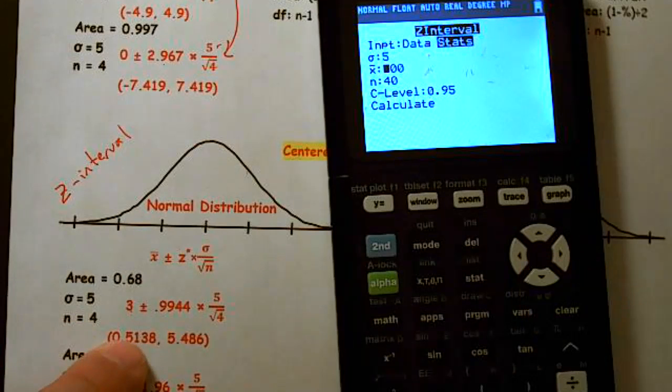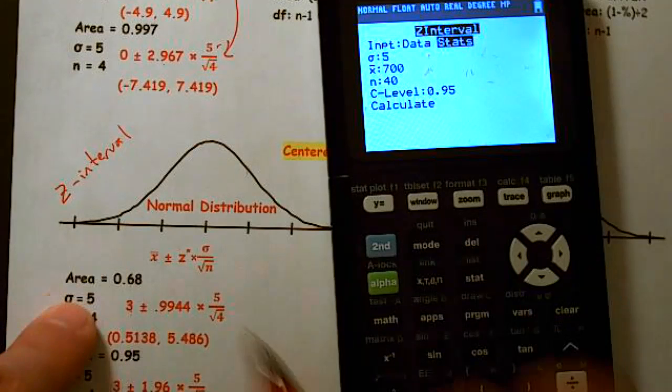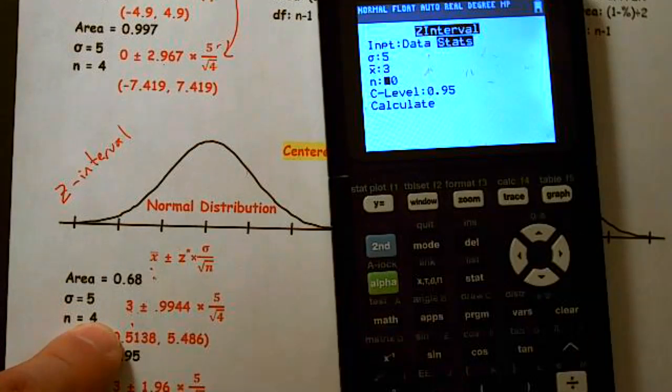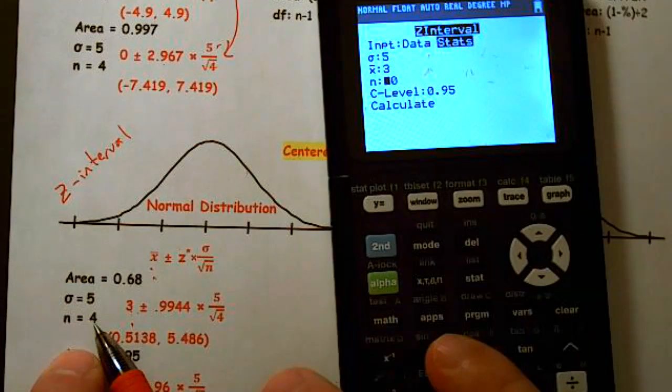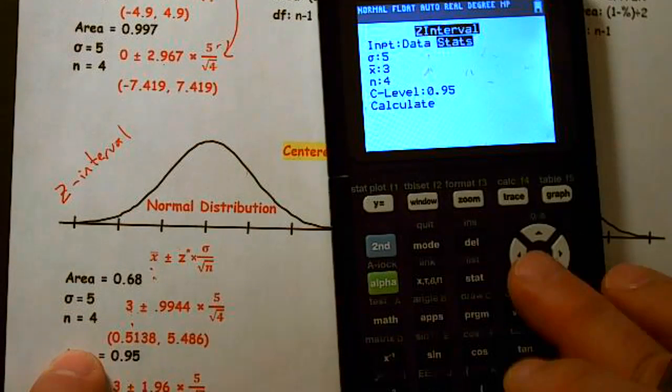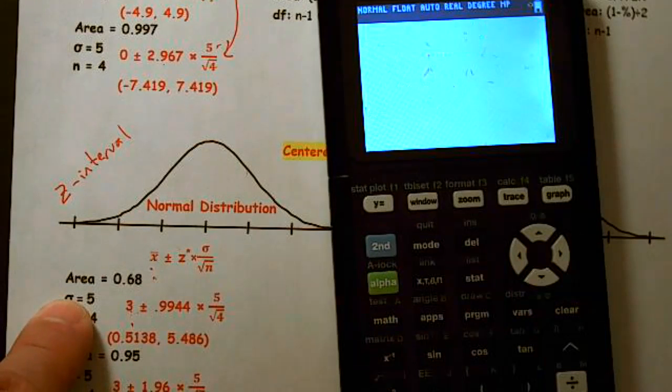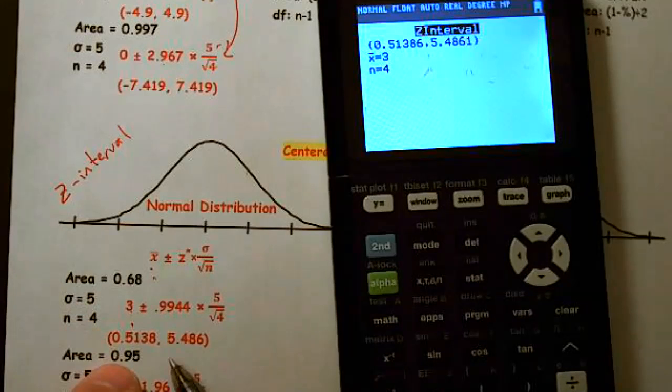We said in this particular case, the mean was 3. X bar is 3. And my sample size was 4. And I want to do 68%. I want an area of 0.68. And I end up getting 0.5138, 0.5486.